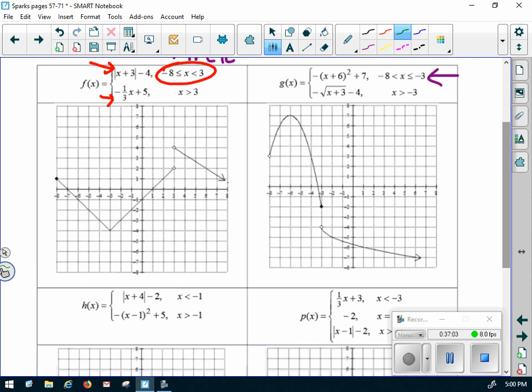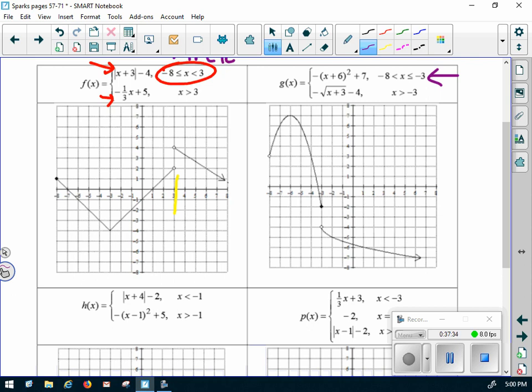As X approaches 3, and there's 3 right there. Now here's what we know. We know F of 3 is not defined. Listen, if a function is not defined at a point, there's no way the function can be continuous at the point. We're going to have to lift our pencil. So that's what blows this one up, is that the function's not even defined at x equals 3.